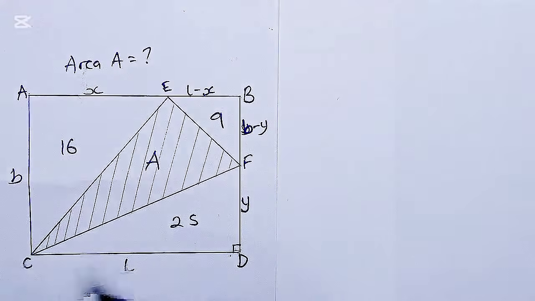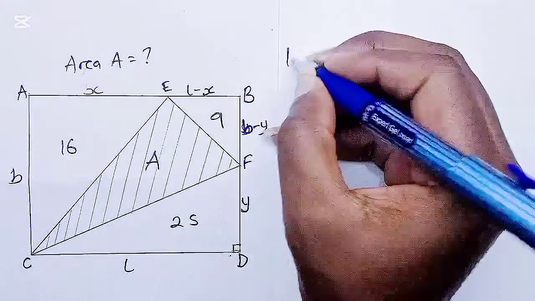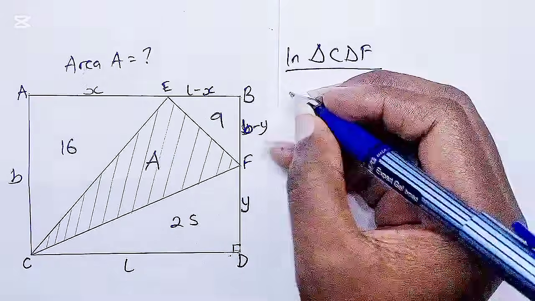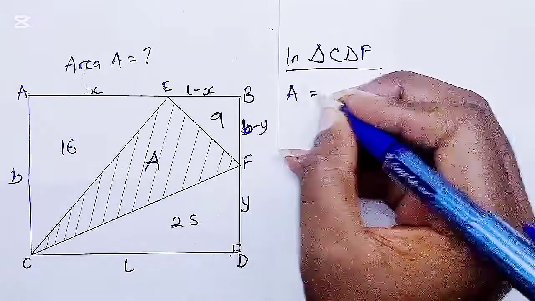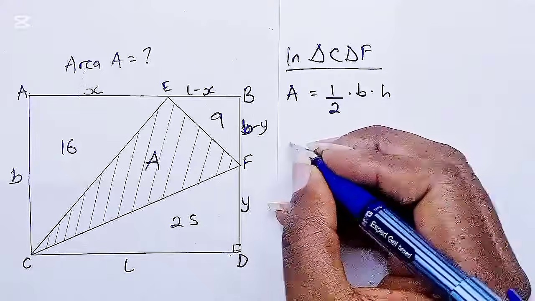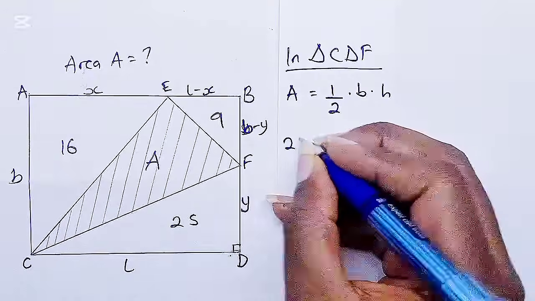So considering triangle CDF, its area is equal to a half times base times height, and we were given its area as 25.